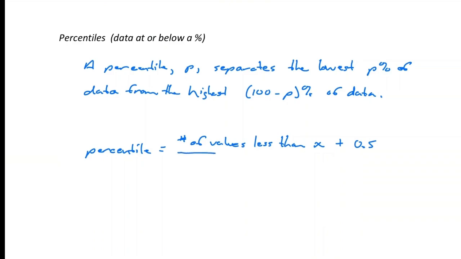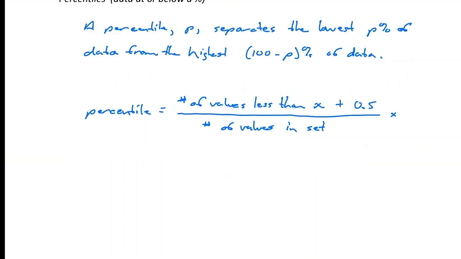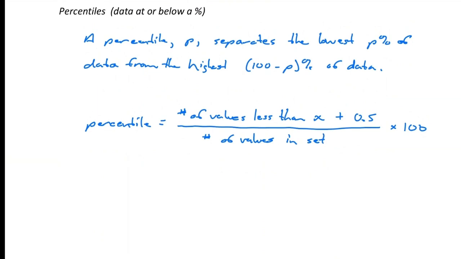And then we're dividing that by the number of values in the set. Now, when you do this, you're going to get a decimal, and we want a percentile. A percentile is always an actual percent, 77, 69, 48, whatever. So we need to multiply this by 100 to put it into that whole number.